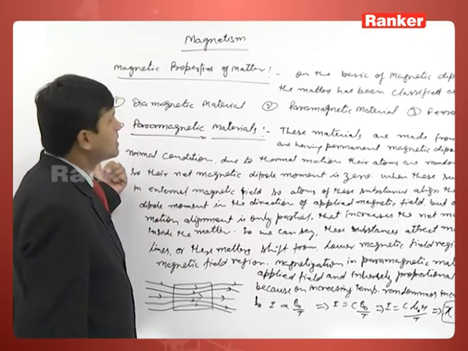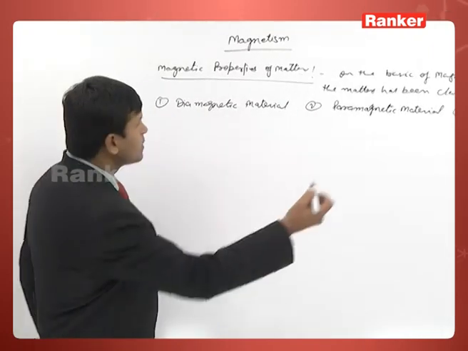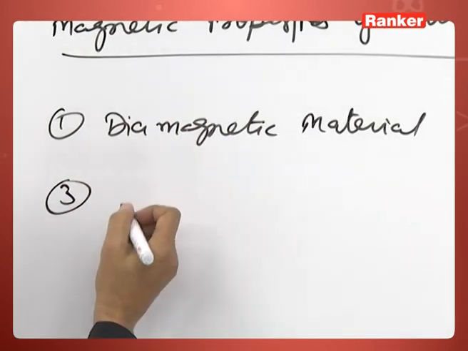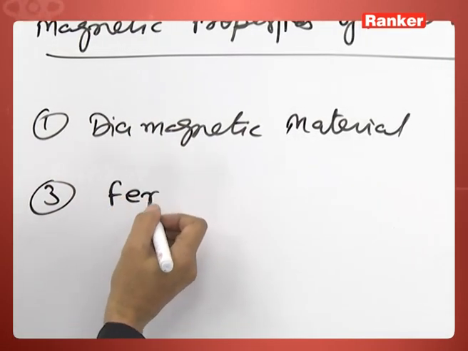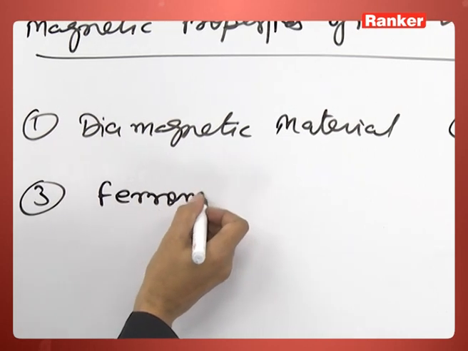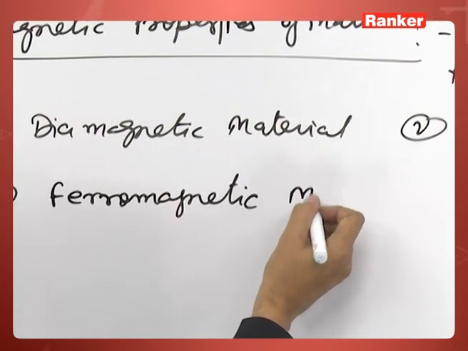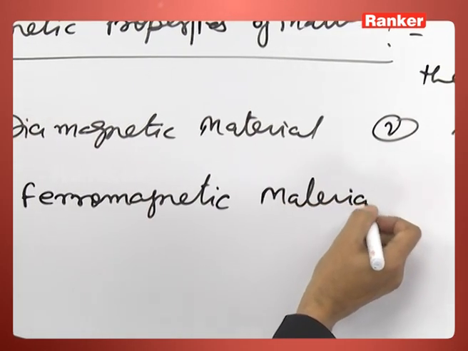Now come to the next point. Now the next point is the ferromagnetic material.